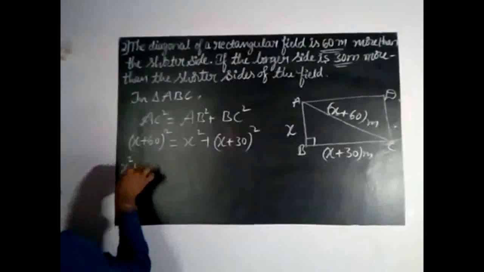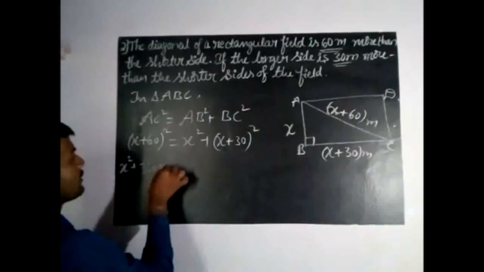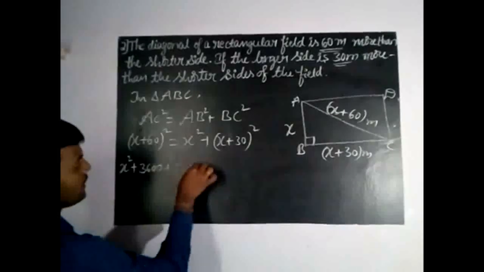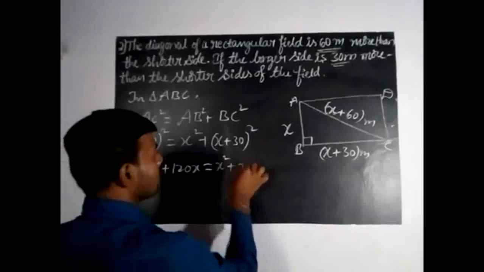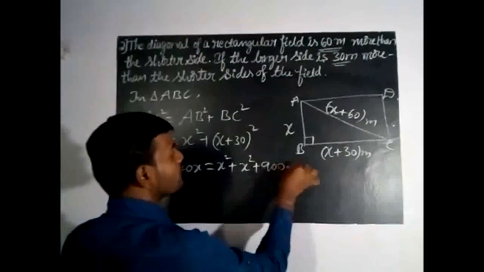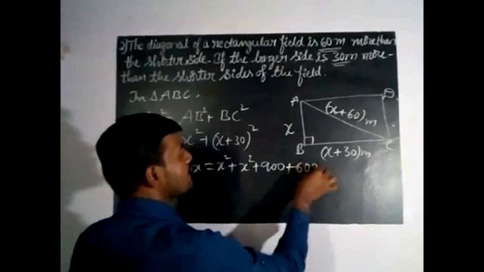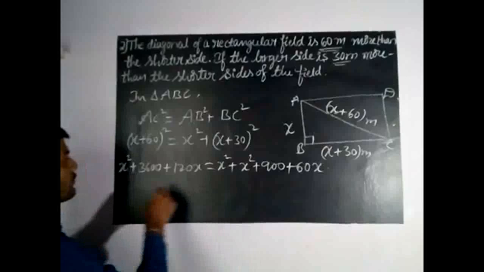x square plus 60 whole square means 3600 plus 120x is equal to x square plus x square again plus 900 plus 60x. Now simplify the equation.